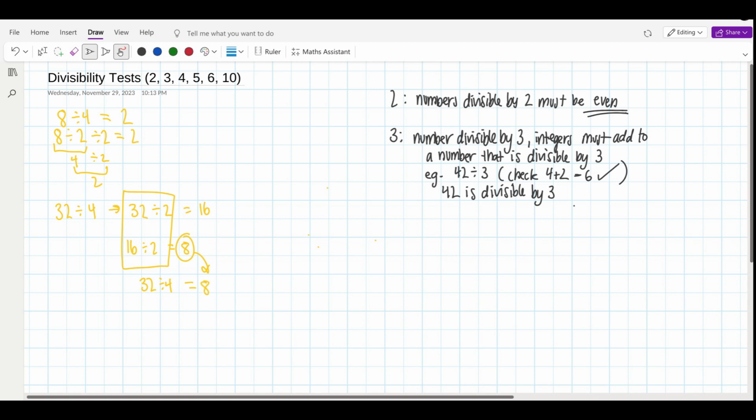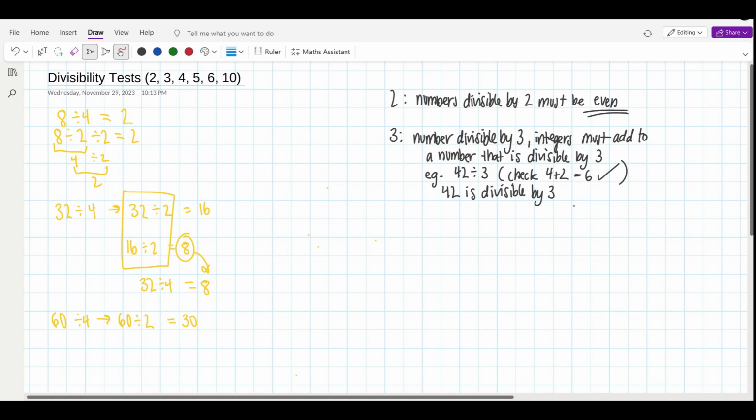Let's do a second example. If we have 60 divided by 4, the first thing we want to check is if 60 is divisible by 2. Now 60 is even, so it is going to be divisible by 2, and half of 60 is 30.